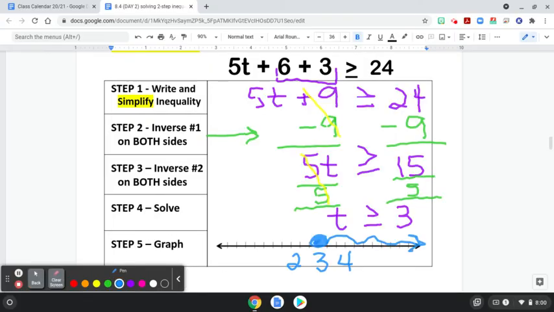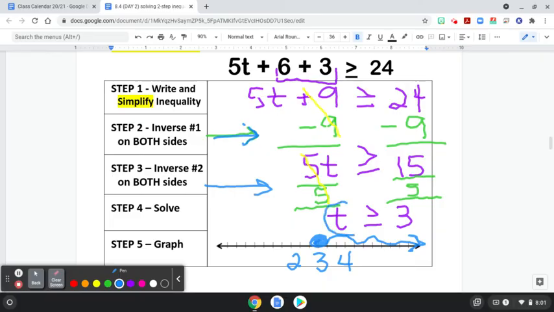For yours, I hope you simplified your inequality and made it 5 times t plus 9, since a 6 and a 3 are both constants and can be combined by adding. First inverse should have been subtracting 9 from each side, because that's the opposite of adding 9. Second inverse should have been dividing by 5 on both sides, since that's the opposite of multiplying a variable by 5.